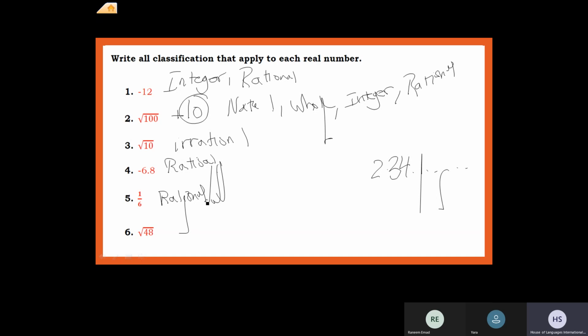Now, square root of 48. What is the number that you multiply 2 times, you get 48? Is there any number that you multiply 2 times, you get 48? We don't have. So what does it mean? Is it irrational?